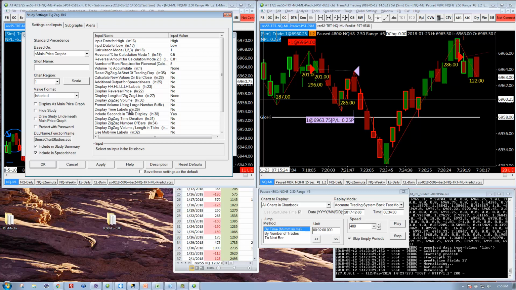So it's a different calculation mode. It's mode 1, and then you put a % here.